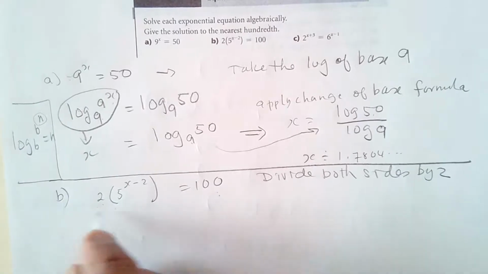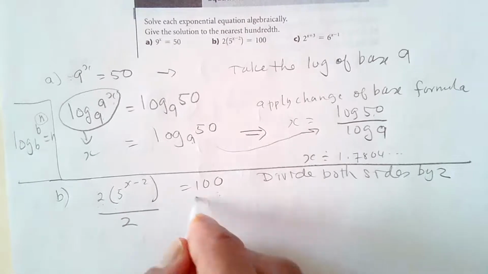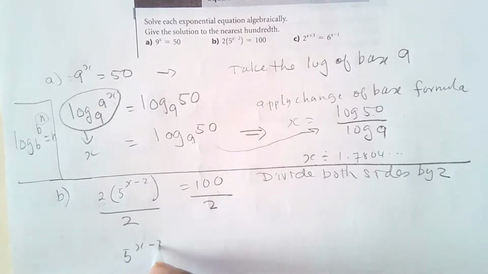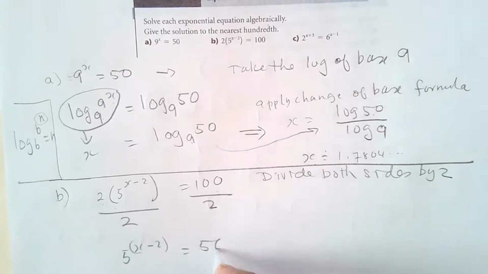There's a common factor here. So we divide by 2, and this becomes 5^(x-2) = 50.